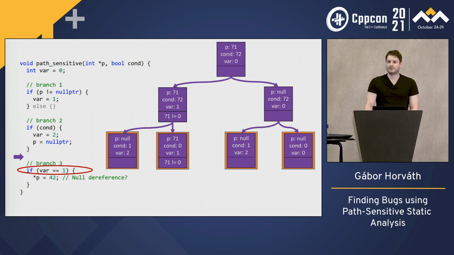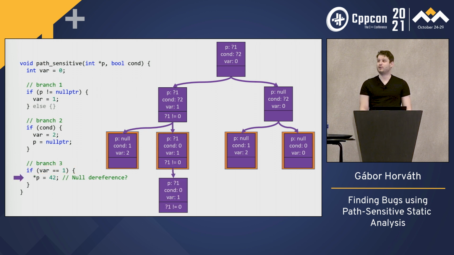And this is the interesting point. At this point, we have 4 separate states, and we have a condition var equals 1. So basically, we can only enter this branch if this condition is true. So we can look at each of the states and check which of the states can meet these conditions.